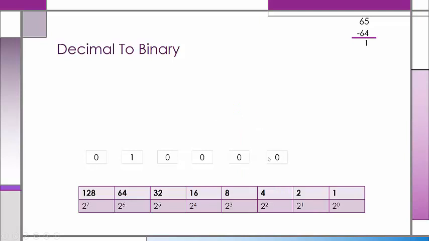Notice we're placing zeros, indicating that this is not a value that we're going to be utilizing. Does 2 go into 1? Nope. And then finally, does 1 go into 1? Well, it sure does. It goes in once, doesn't it? And then it leaves us a remainder of 0. So we want to indicate a 1 in this column. So this is the binary conversion for our decimal 65.